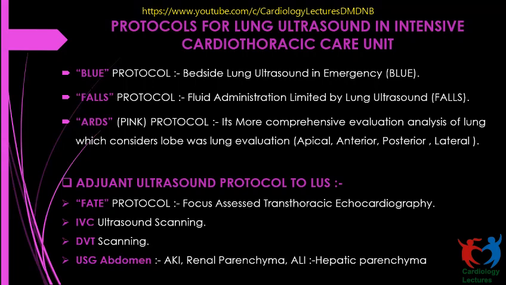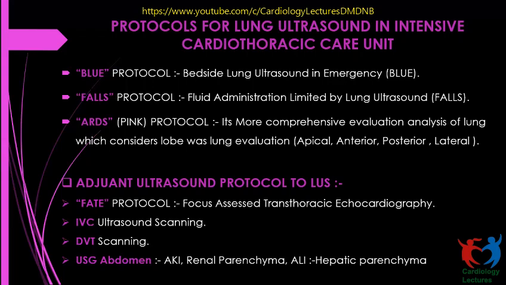There are some adjuncts for lung ultrasound to get to a specific diagnosis, with clinical correlation and clinical orientation to treat the patient. The adjuncts include the FATE protocol, which is an echo. For example, if you have pulmonary edema and you want to rule out how the heart is, then the FATE protocol comes in.